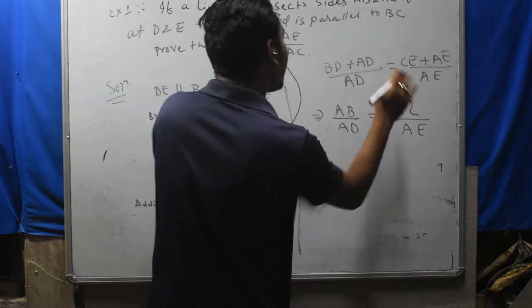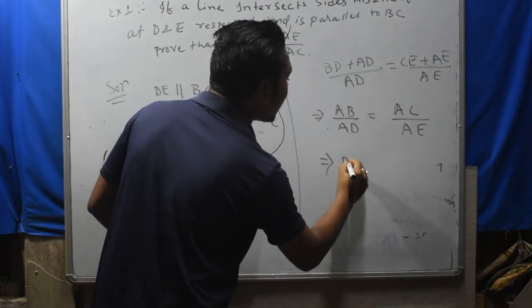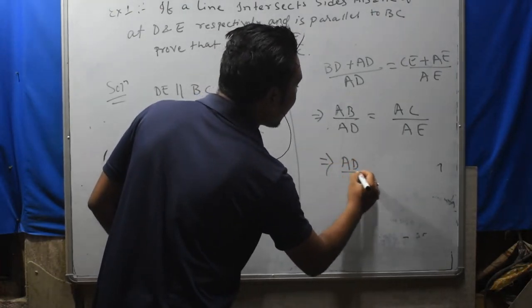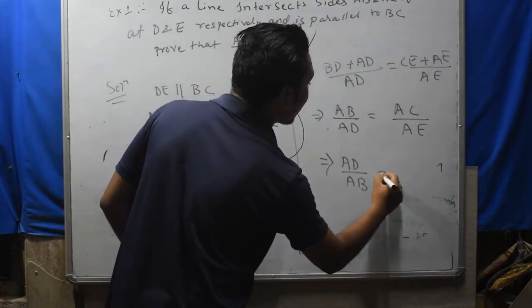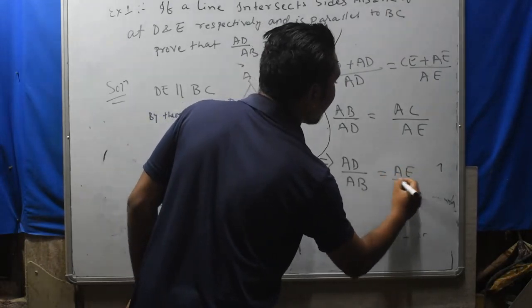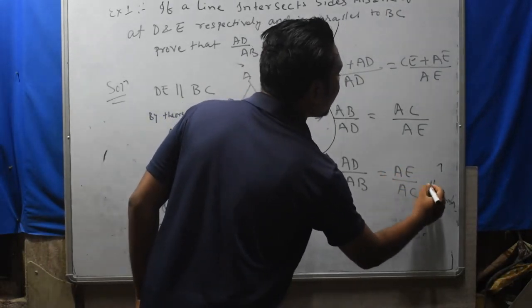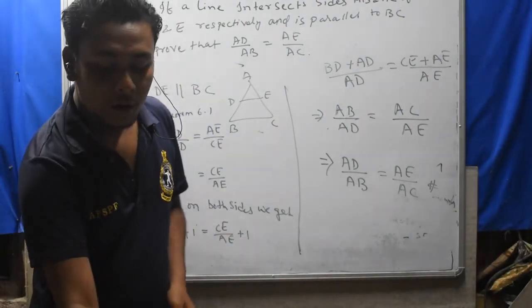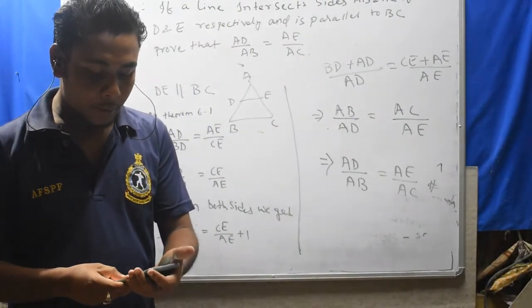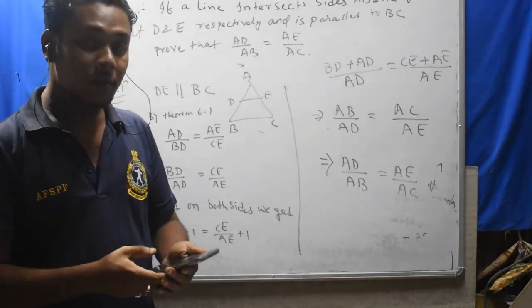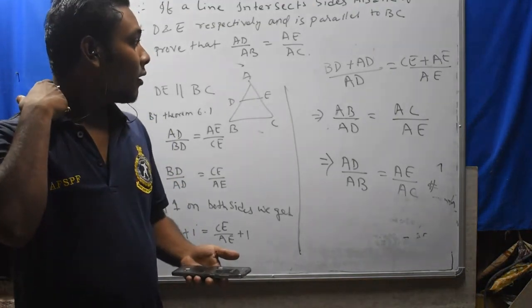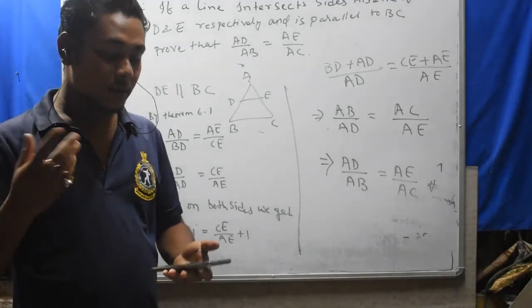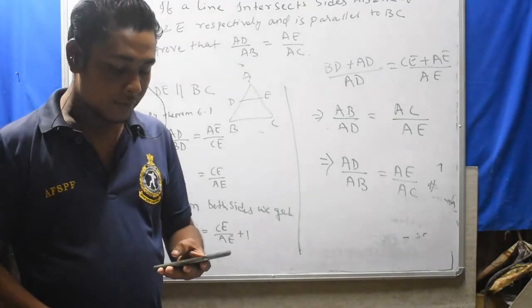Then again reverse it, reciprocate it, AD by AB is equal to AE by AC. I hope you all have understood this much. So on this topic I am going to end this exercise here itself, and we will start the next topic in the next video. Thank you.